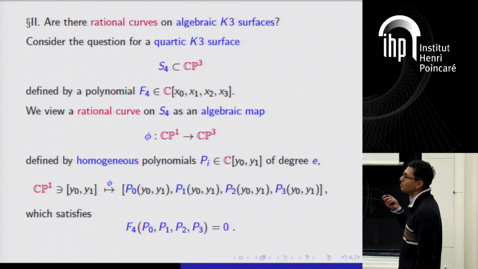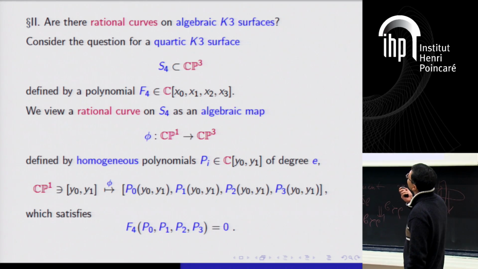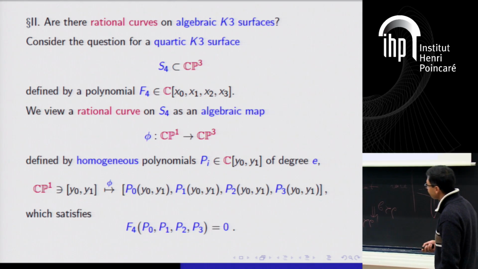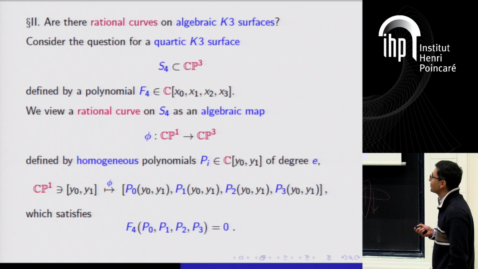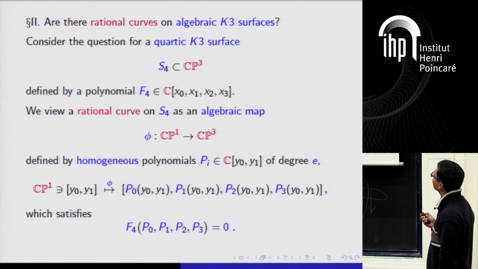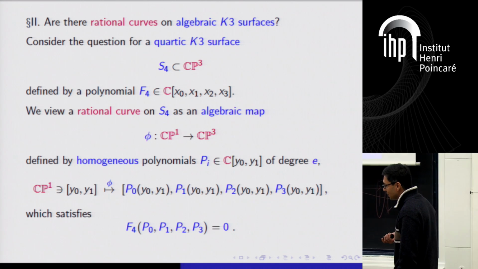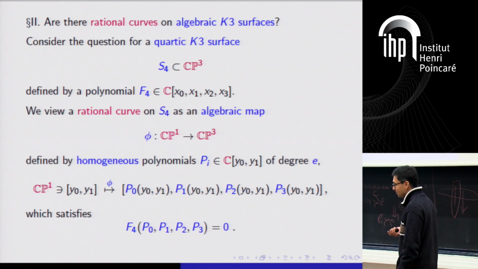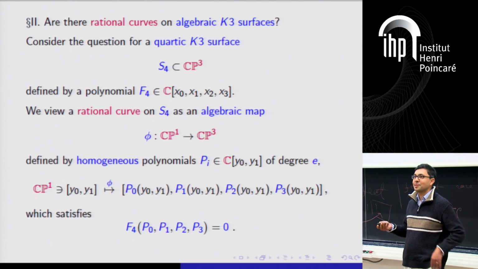We start with some problem that's somehow nonlinear, but once I fix this degree E, this is a linear algebra problem to find these polynomials. One thing that's good about linear algebra is that we know how to do linear algebra. And once we have a linear algebra problem, we can kind of see whether we're going to have a solution or not.